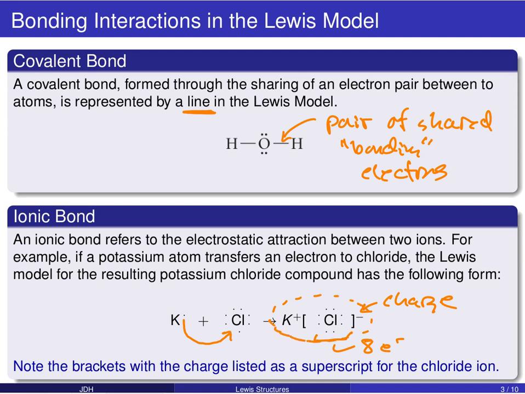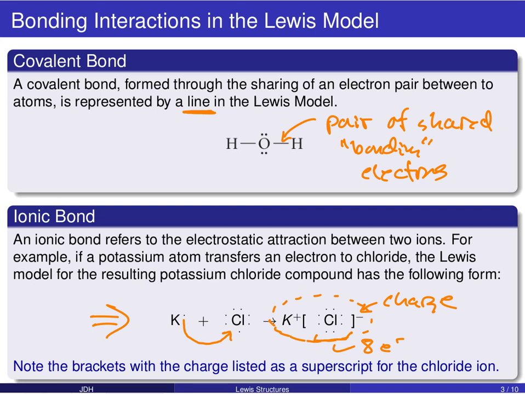Note that convention of using brackets to surround charged elements and putting that superscript up there. Remember, potassium has lost an electron, so we keep track of that by removing all the electrons. We don't go down to the now exposed lower shell; we just keep it as potassium with a plus.